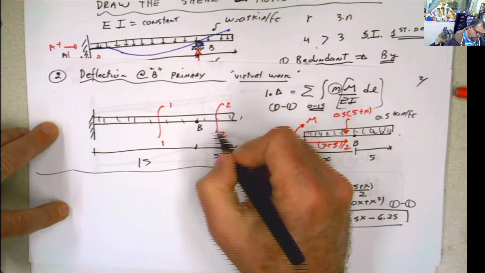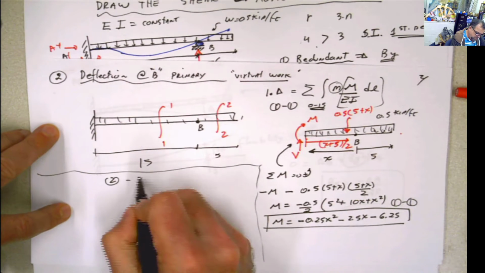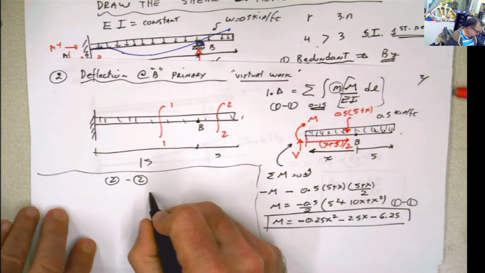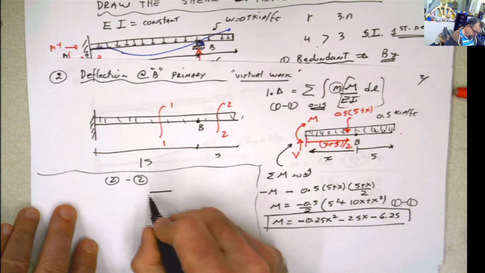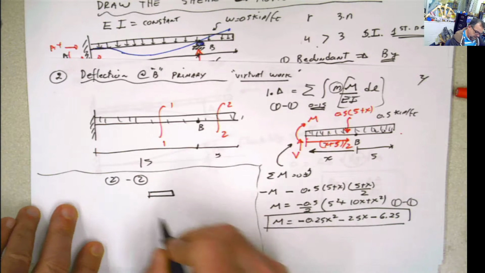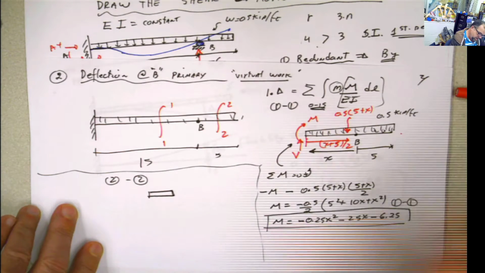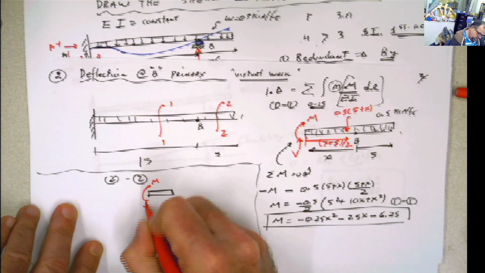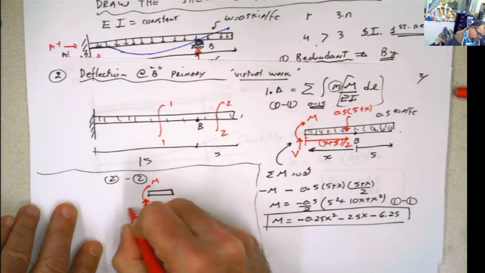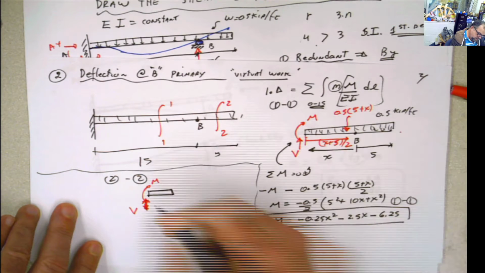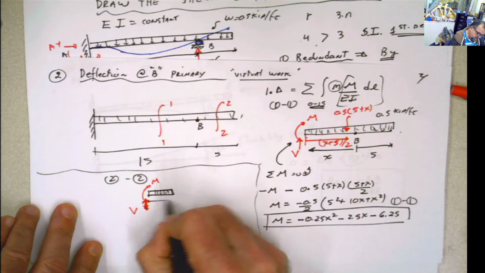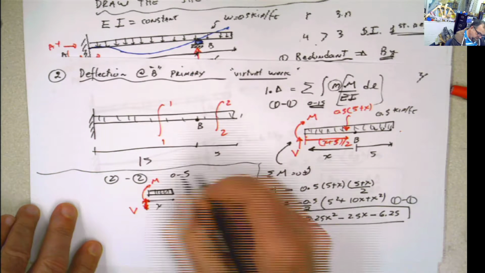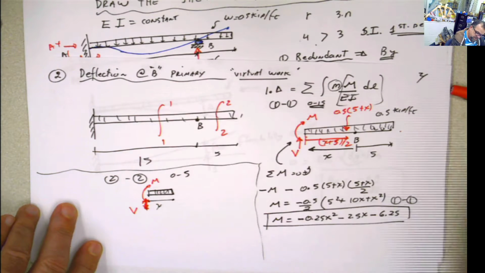So if I use now my section 2.2, because I'm gonna calculate it, then what I have is basically this, like that, and then I'm gonna have my moment, my shear, sorry, this direction, my shear, this is my load, this is the distance x, and this is from 0 to 5, because I'm just from 0 to 5.